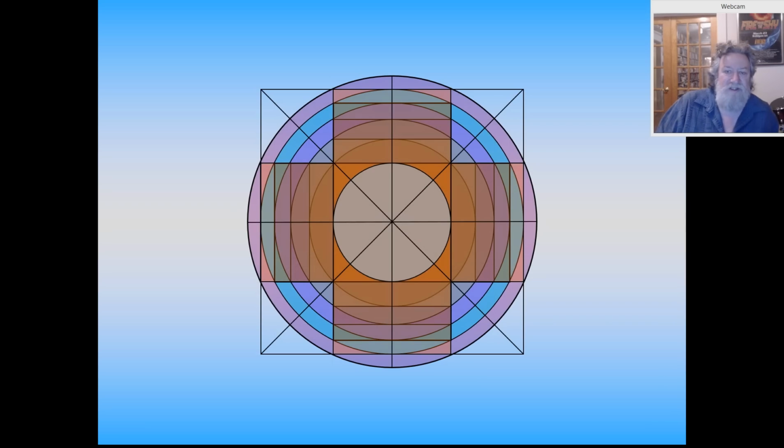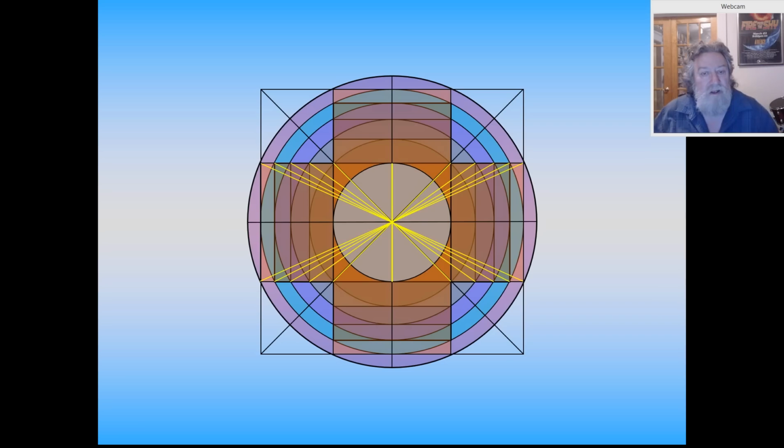So this is the basic diagram that you see right here. This would be the basic master pattern. I'm inserting the various diagonals so that you can see these relationships and how the succession of relationships develops.